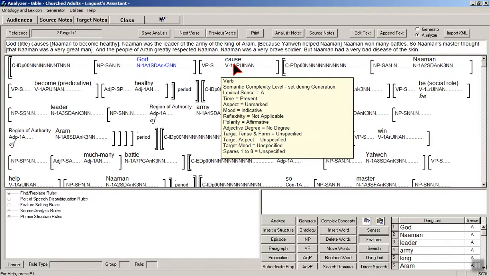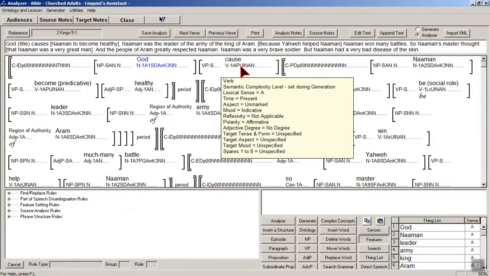So hovering over that, I see it's the lexical sense A. I don't think there's more than one sense of cause. It says it's present tense. We usually use the present tense for titles.